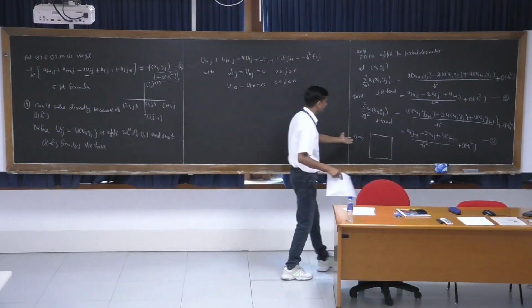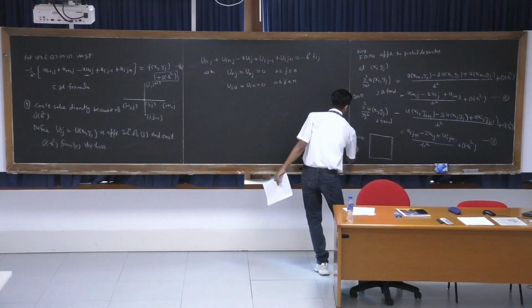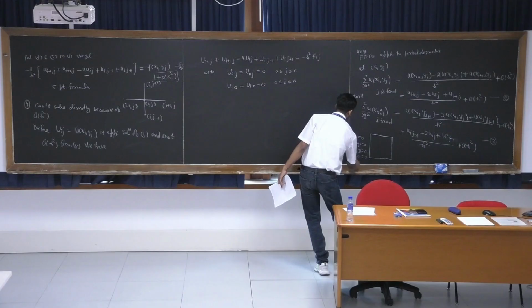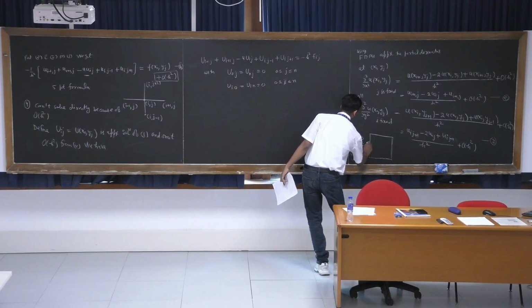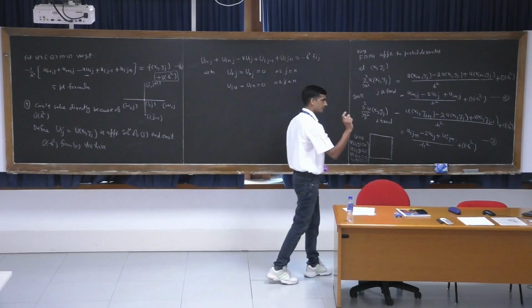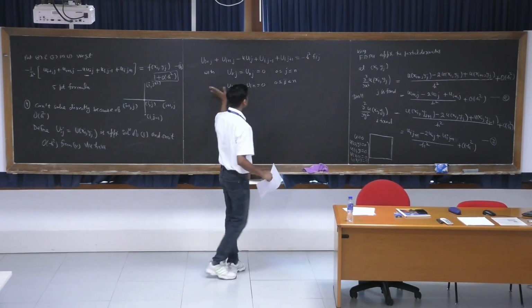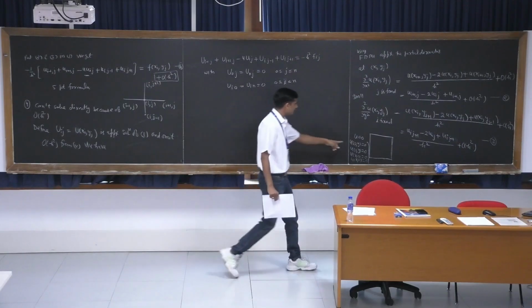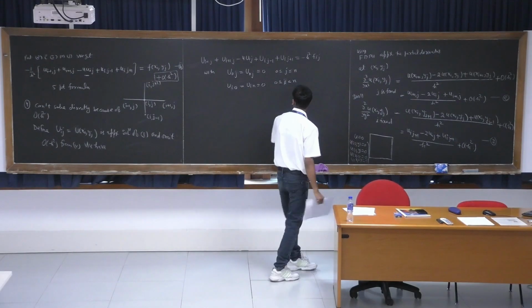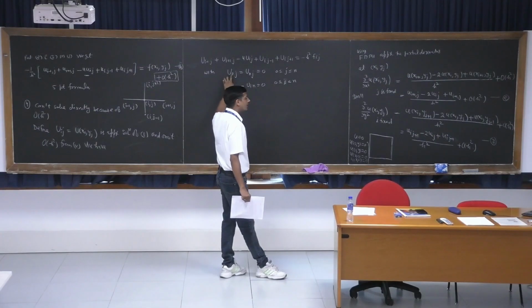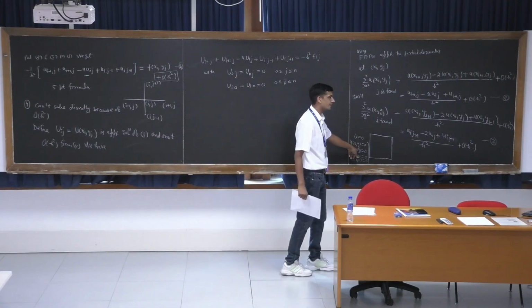Understand? Or you can write this is equal to 0. This means U of 0,y is equal to 0, U of 1,y is equal to 0, and U of x,0 is equal to 0, U of x,1 is equal to 0. These are 4 boundary conditions because this is a 2-dimensional problem. Understand? So you can see that from this equation, i is fixed here, this is 0, and j is running because y is running here.